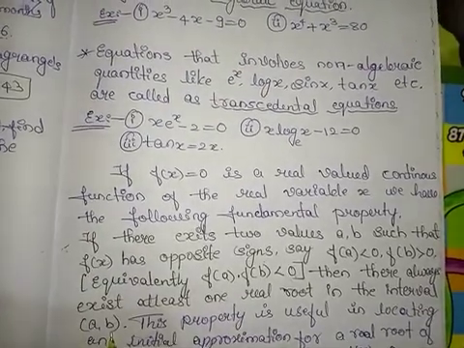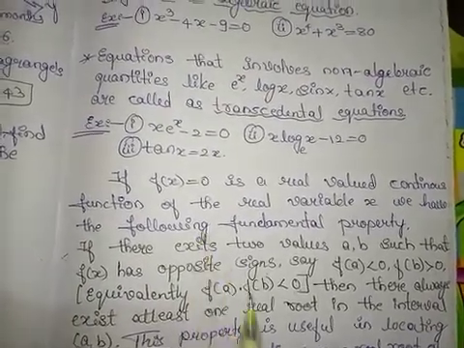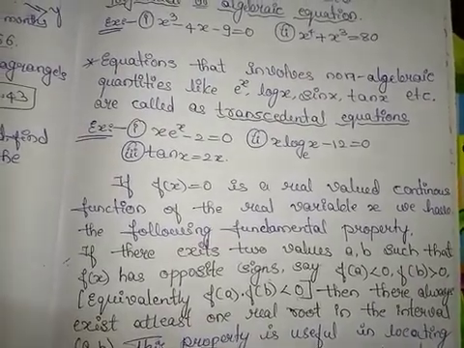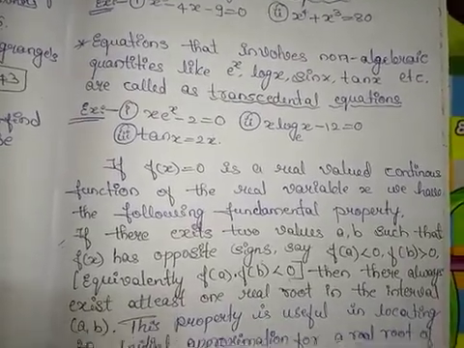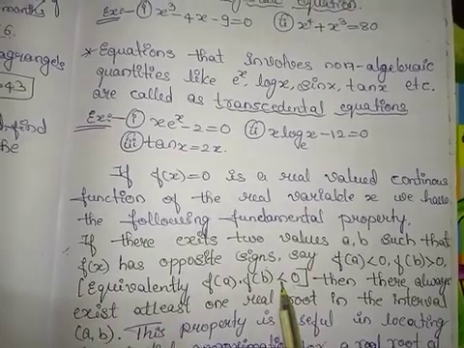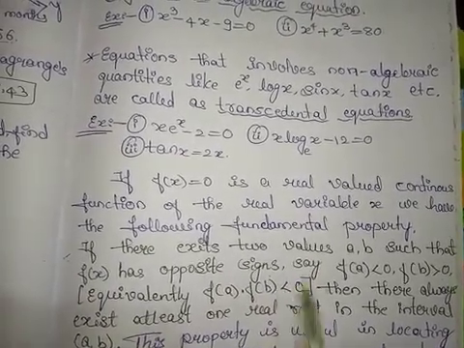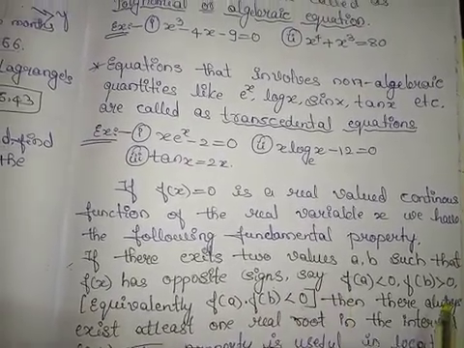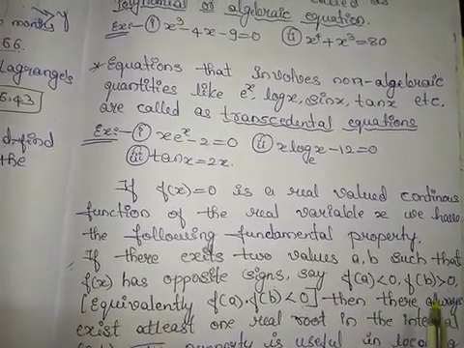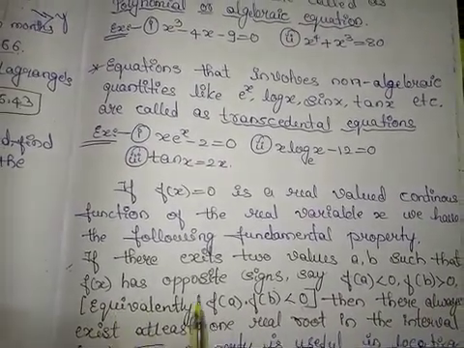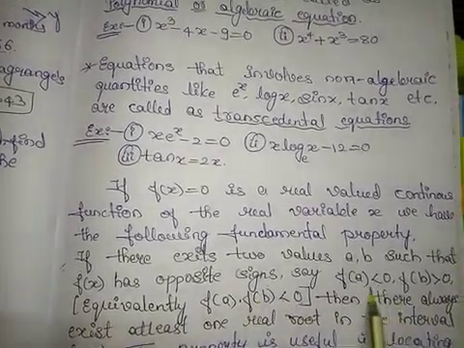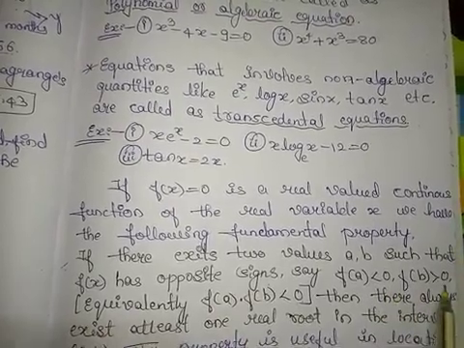Means our given function f of x is equal to 0 is a real valued function of real variable x. We have to apply this fundamental property where a and b are the two values where f of x has opposite signs, means f of a is negative, f of b is positive.